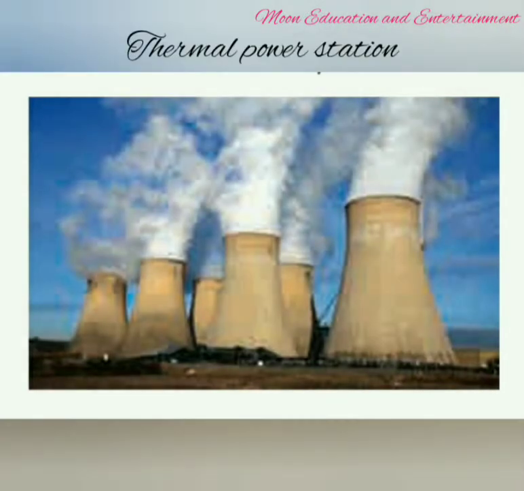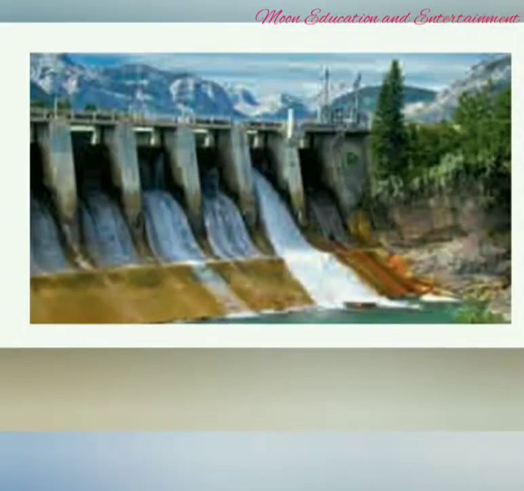In a thermal power station, the energy is created by burning coal, diesel, and gas, where steam is produced. The steam produced rotates the turbine. While the turbine rotates, the coil of wire kept in between the electromagnet starts rotating. By this, electricity is generated in thermal power stations.